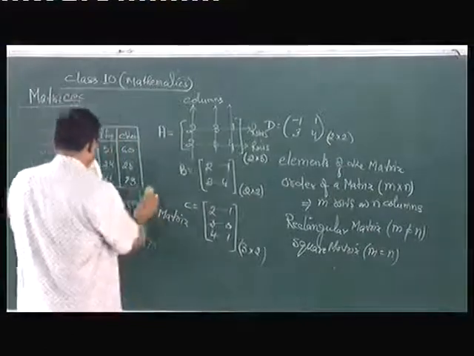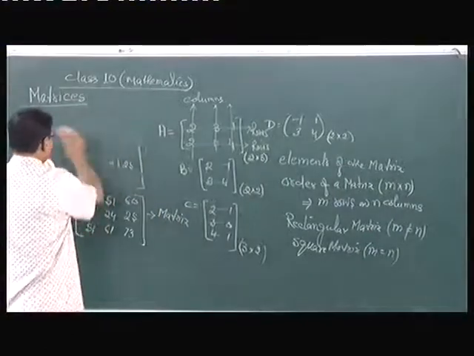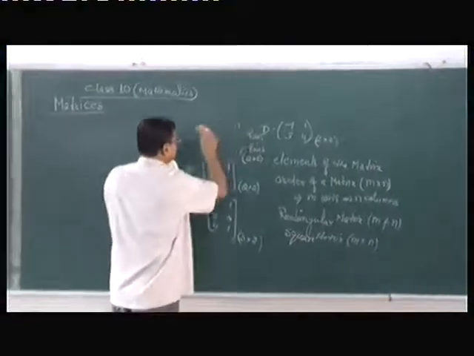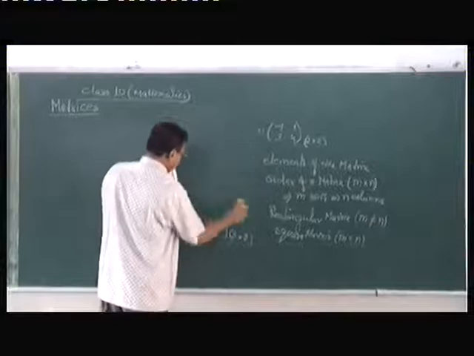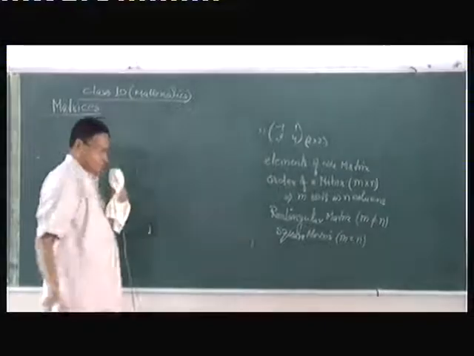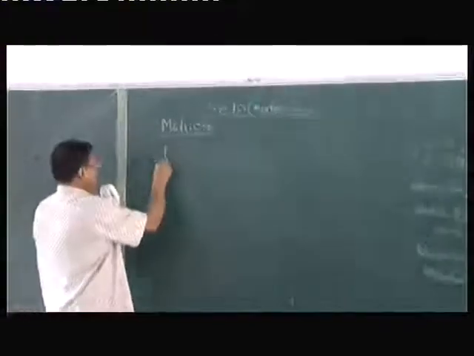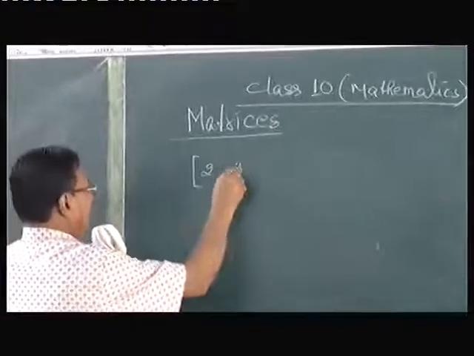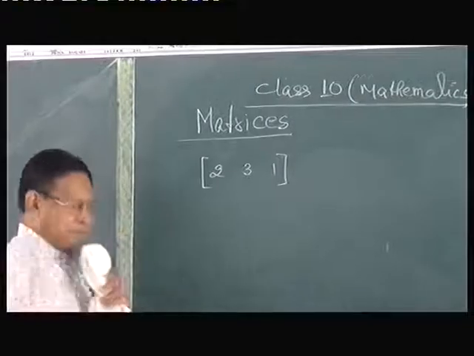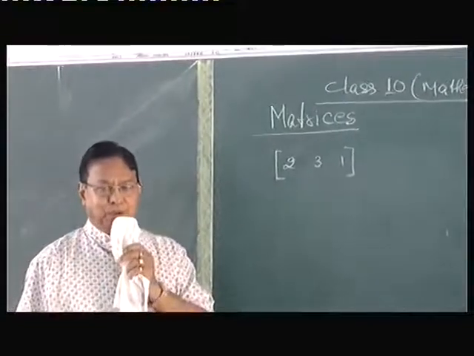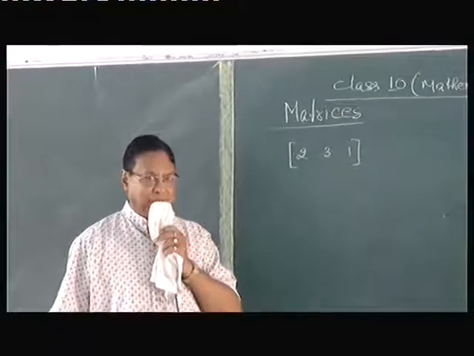Now I come to our different types of matrices here. If a matrix has only one row, how many columns? 3 columns.